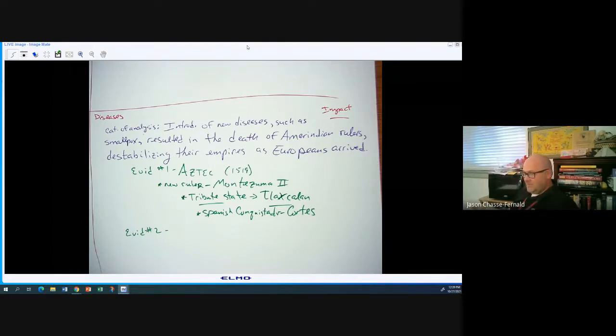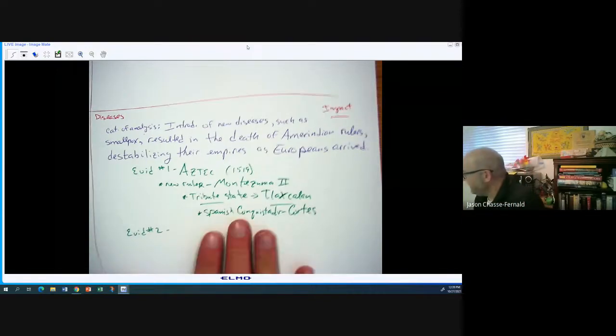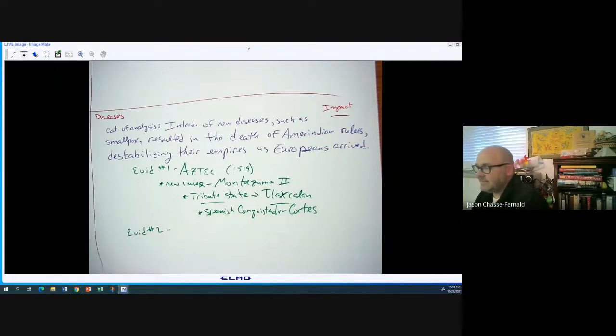Today most of Lake Texcoco has been filled in, and Mexico City is literally built upon the ruins of the Aztec. So you have a complete removal of a civilization, and that doesn't go without controversy in Europe, which also impacts the next piece of evidence that was provided.